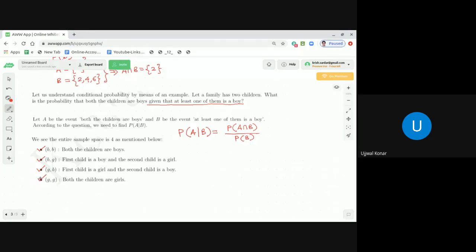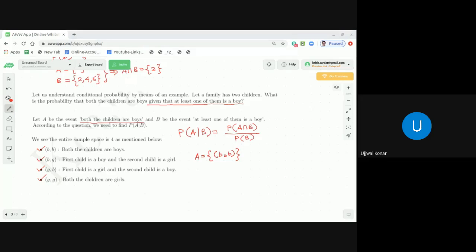Now in that sample space, dear students, let's find what is A. What is A? A is the event both the children are boys. So if we apply the set theoretic notation, what is the set A? It is actually BB, isn't it? Because it represents both the children are boys. And what is the event B?